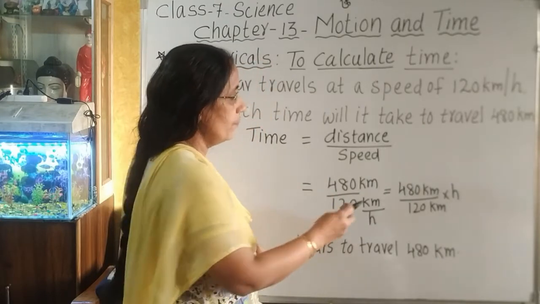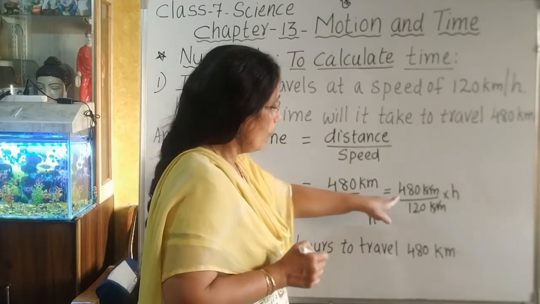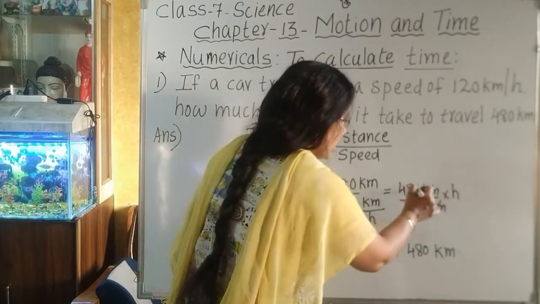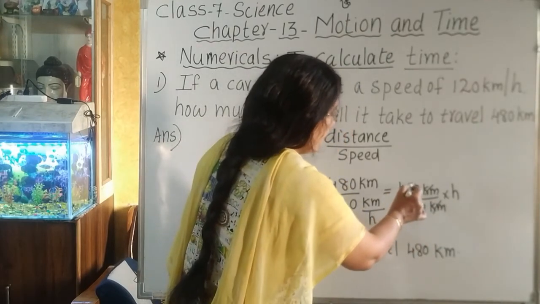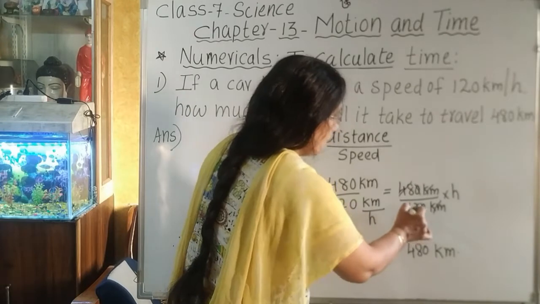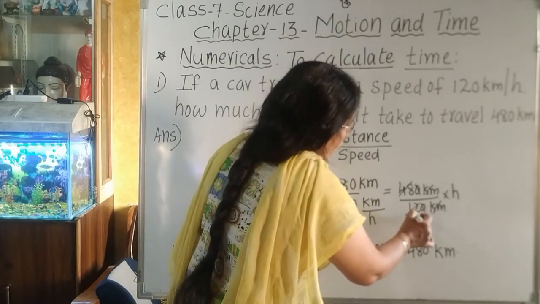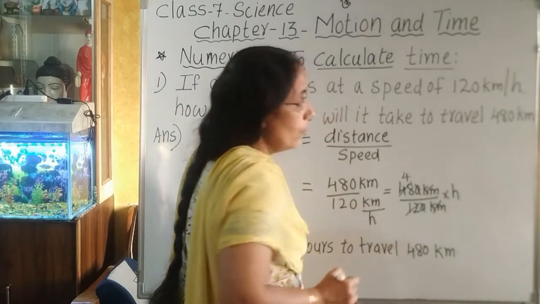So we can say this kilometer and kilometer can be cancelled. Now we have 480 upon 120. So these zeros we can cancel, and on simplification here you will get 48 and 12, we can simplify as 4 12s are 48. Therefore we will get here 4.